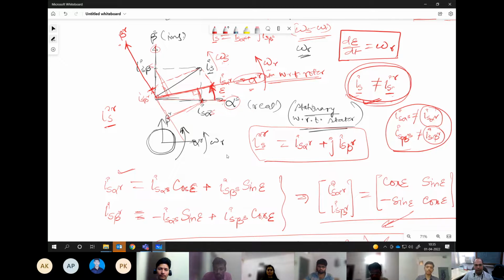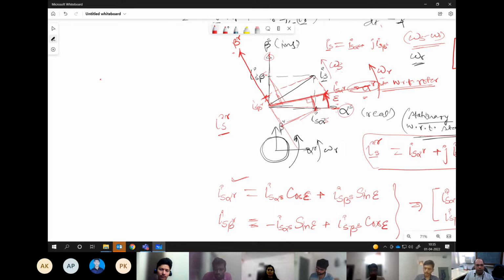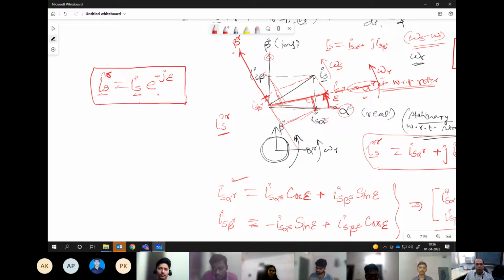I will write the equation again over here for clarity. What we have obtained is IS referred to the rotor reference frame from the IS vector, which was originally in the alpha s beta s reference frame, by multiplying this unit vector e raised to the power minus j epsilon. So this is the general way if you want to shift your vector from one reference frame to another.